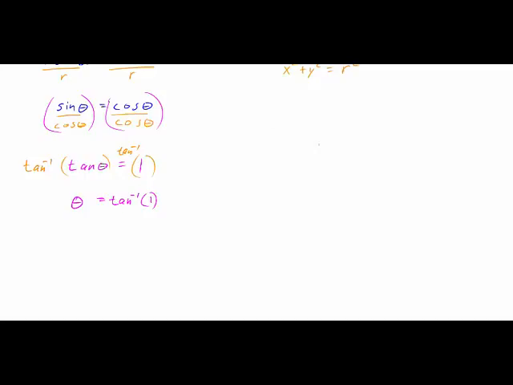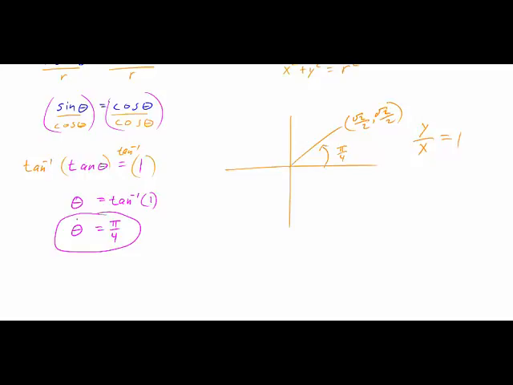Or again, if you think of your unit circle, where on the unit circle do we have y over x equal to 1? We'll notice that's going to happen right here at the angle pi over 4, because we have square root of 2 over 2 for your x and your y value. So therefore, the angle is equal to pi over 4.